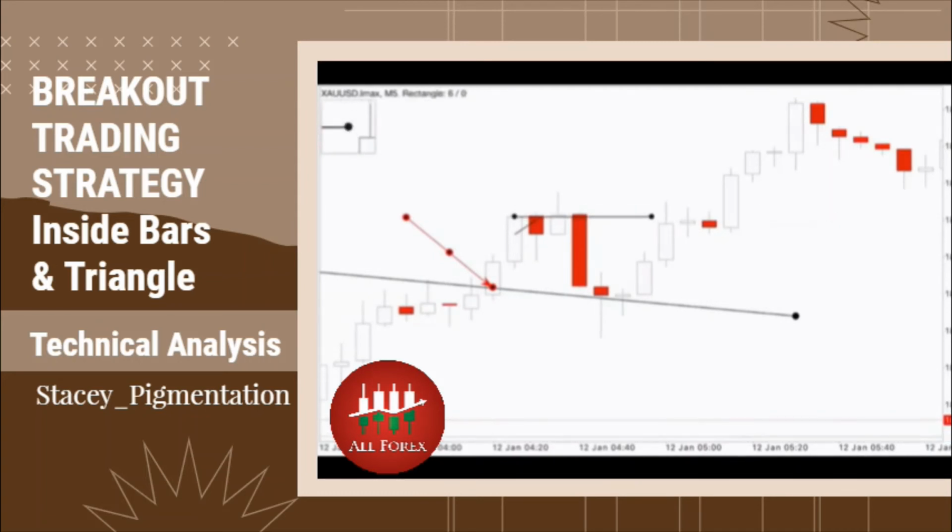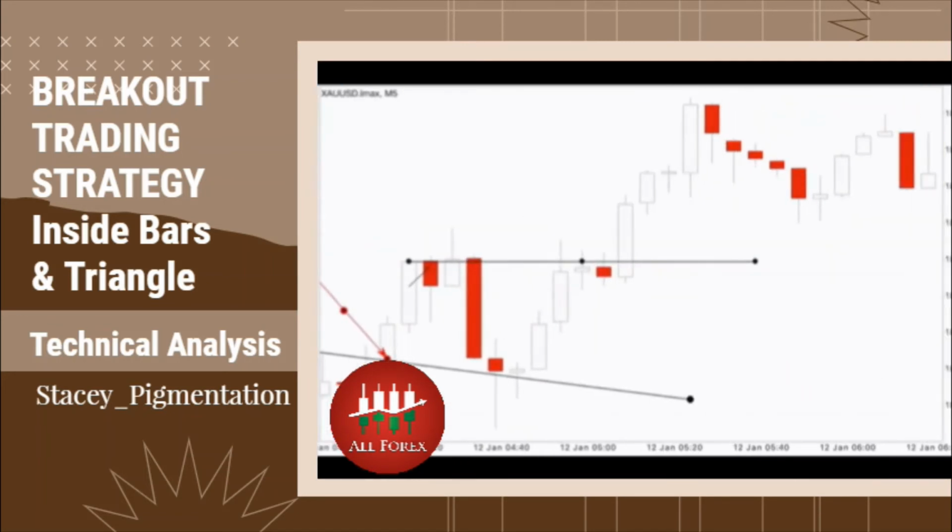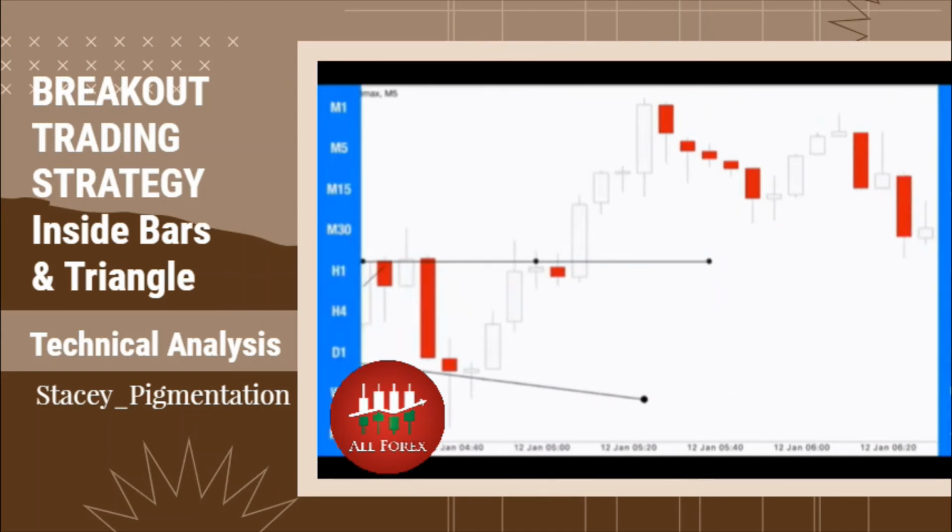I can create a pending order exactly at 1848, meaning that when the market finishes this pullback and comes back, the trade is going to be triggered at this level when it touches 1848. So we have an entry right here.